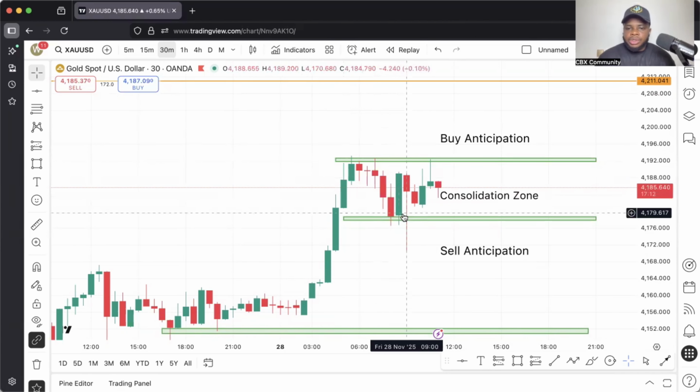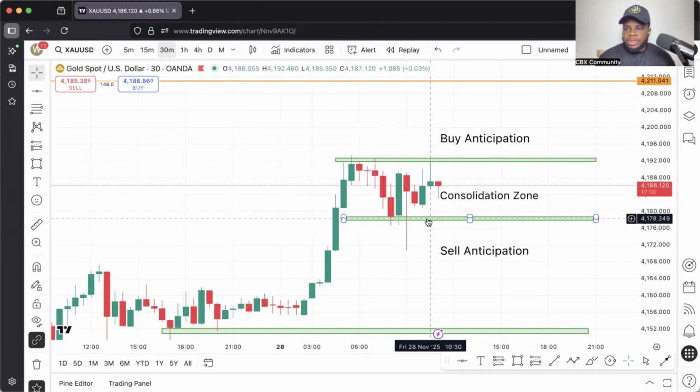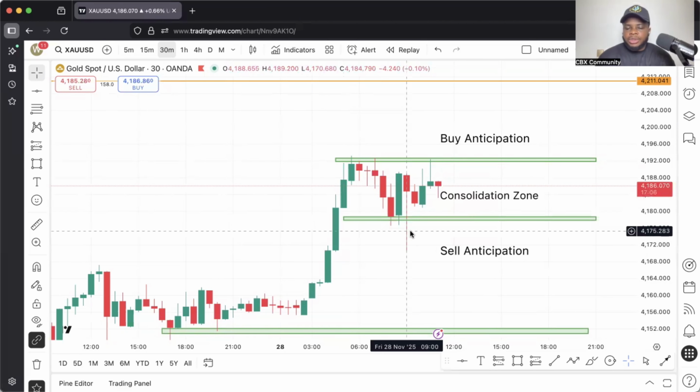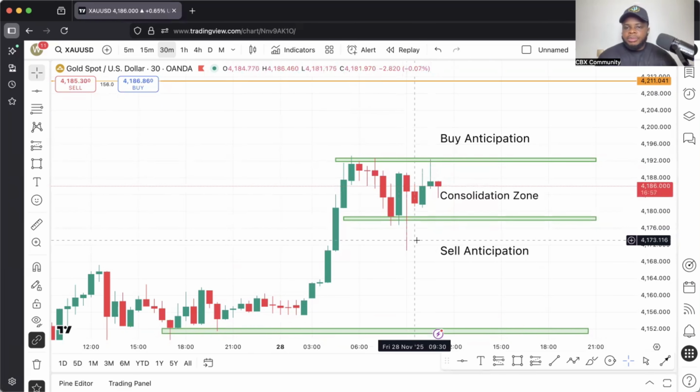The same thing happens here in terms of the support zone. We are also anticipating a bearish candle to break our support zone, then for that candle to continue to come down to fill this wick. But whichever one, we need to understand what the market is saying. We already know our trading plan.